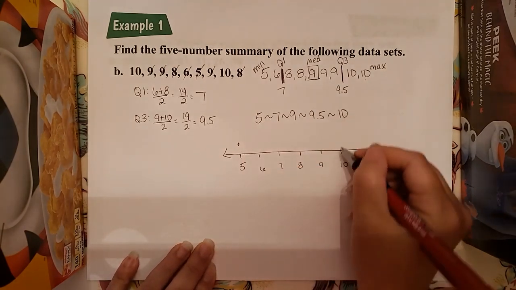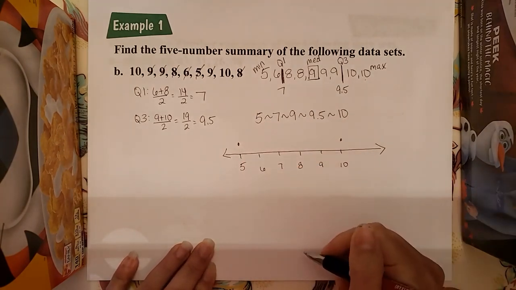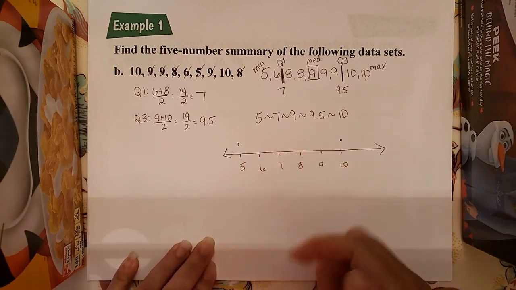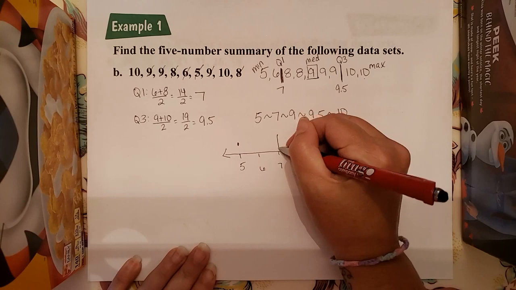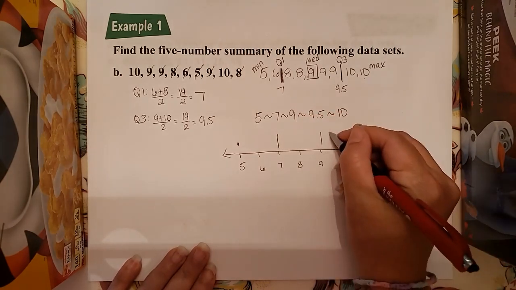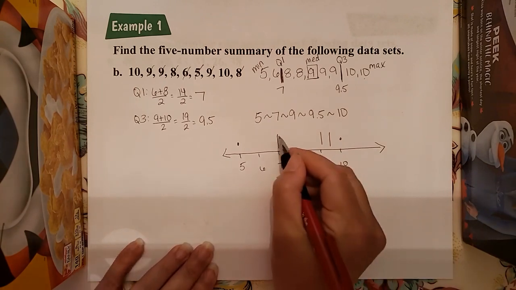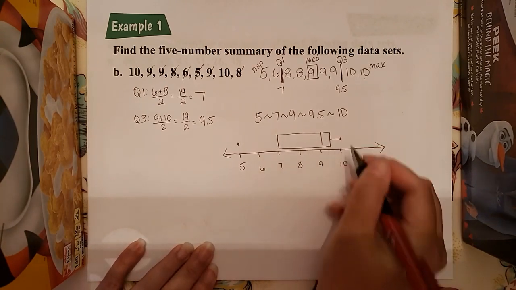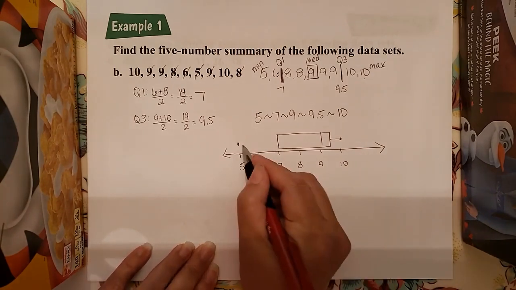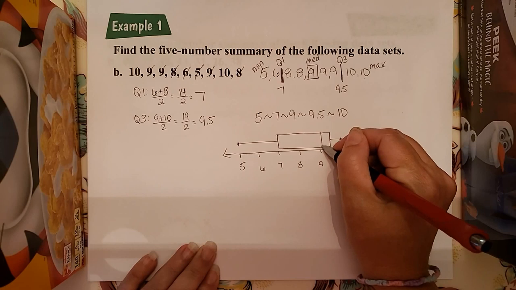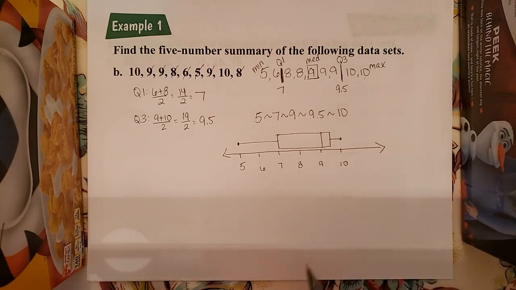My maximum was 10, a dot goes on 10. I'm going to put a line for each of the other values. So a line on 7, a line on 9, and a line on 9 1/2. Connect those. Here's our box. You have a short little whisker there and a much longer whisker over here. Okay, so here's our box and whisker plot.